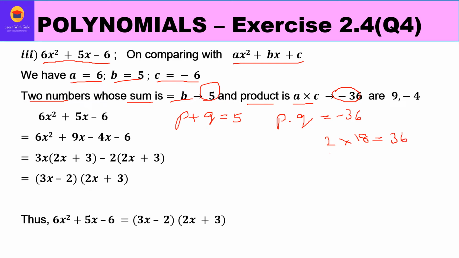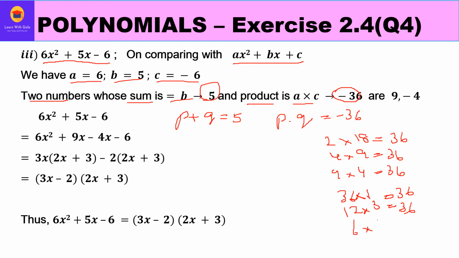We can also say 4 into 9 is also 36, and 9 into 4 is also 36. So various combinations we can think of where we can get 36, right? Then we can have 12 into 3 also, which is 36. Then of course 6 into 6 we can have 36.